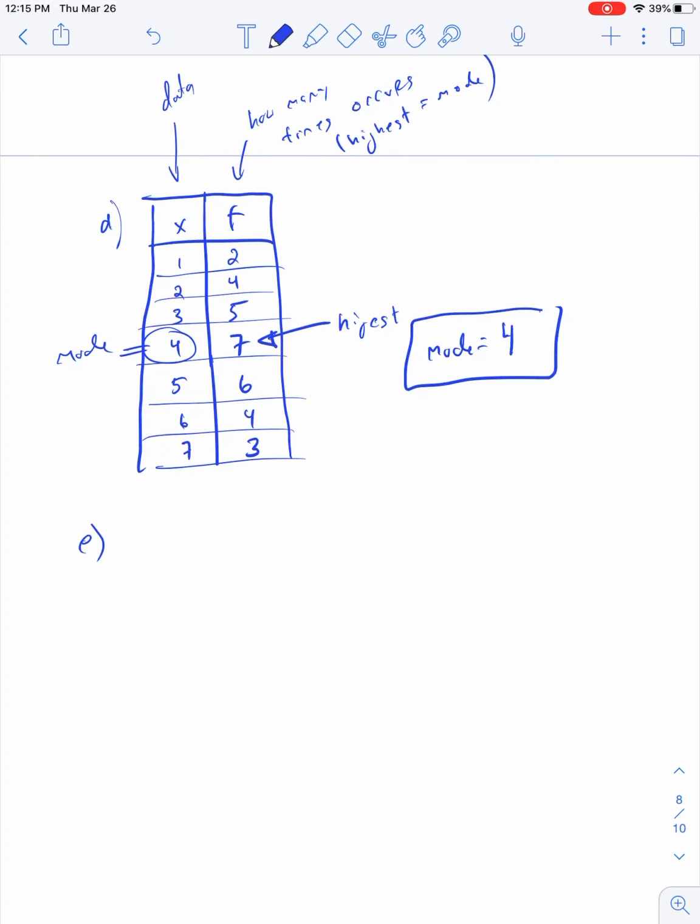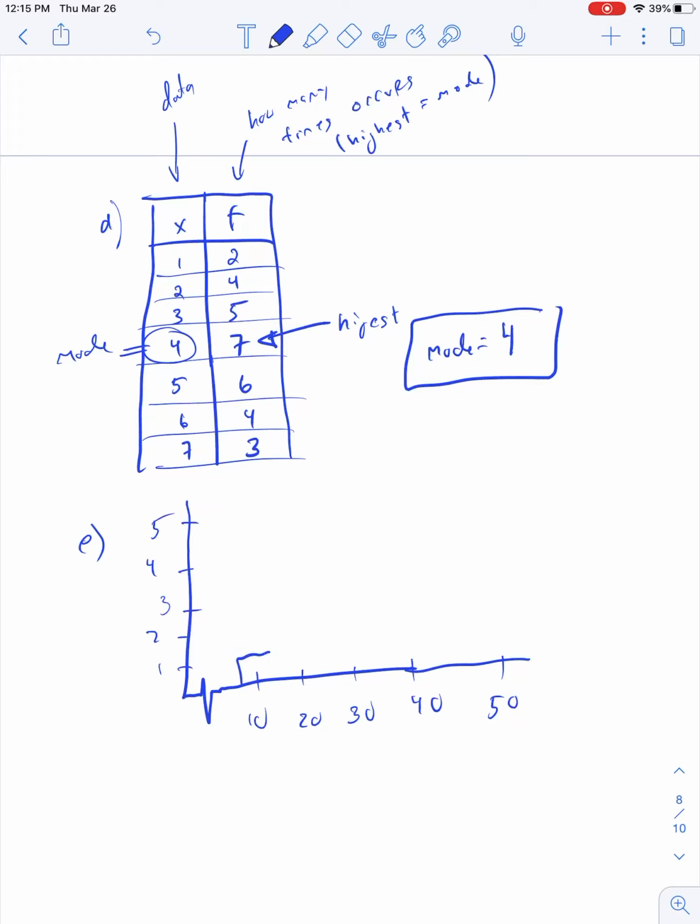And what if we had a histogram, right? 10, 20, 30, 40, and 50. 1, 2, 3, 4, and 5. Once, twice. How about 5 times?